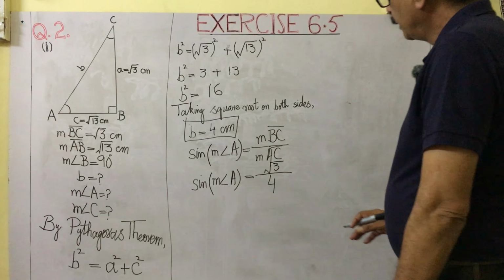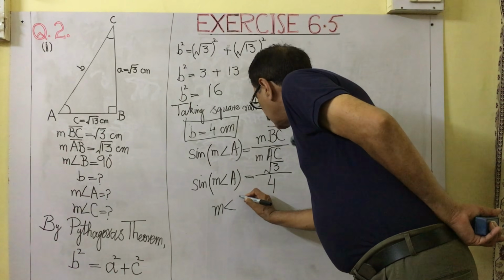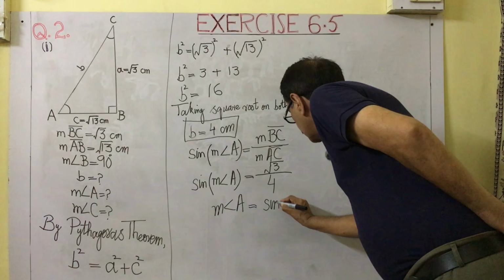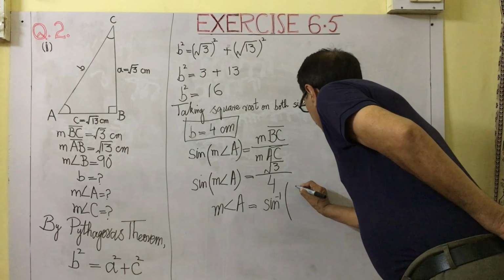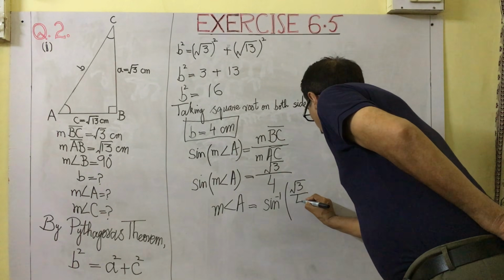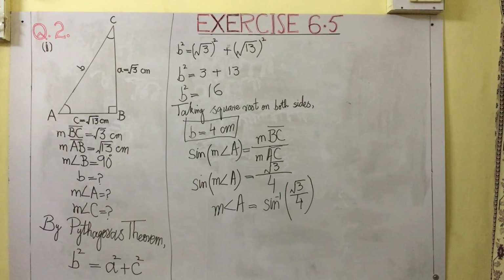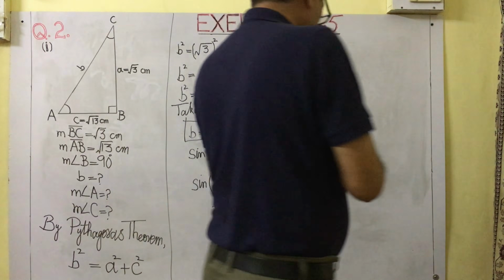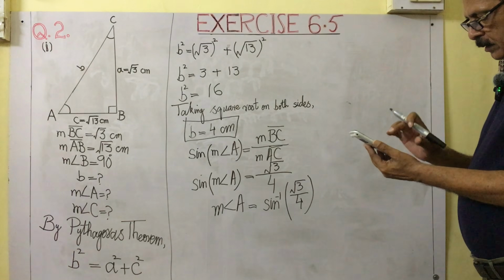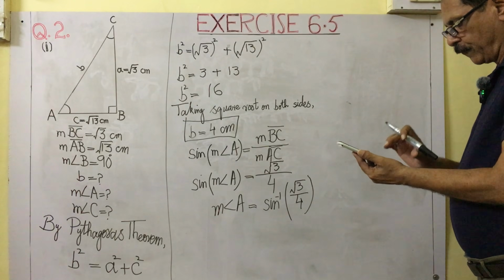Now students, you see angle A is equal to sine inverse of square root of 3 over 4. By using scientific calculator, we press shift sine square root of 3 over 4.